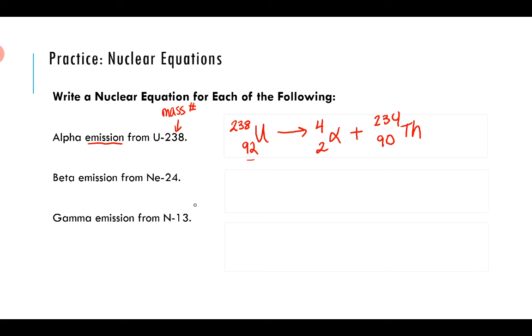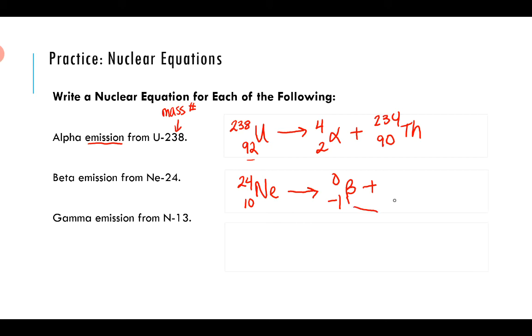Okay. Next up, we have beta emission from neon-24. Neon has an atomic number of 10, and we have a mass number of 24. And so I need to emit a beta particle, which is like an electron from the nucleus.